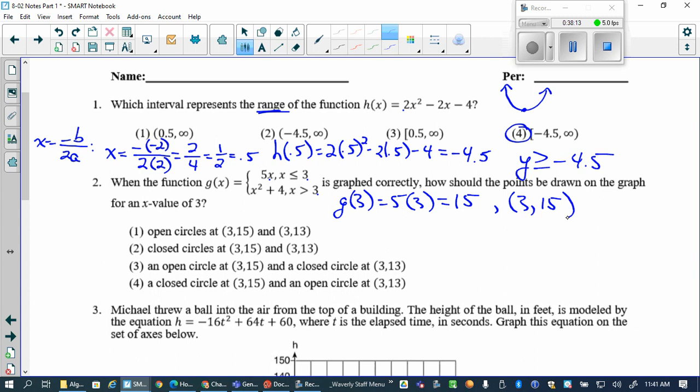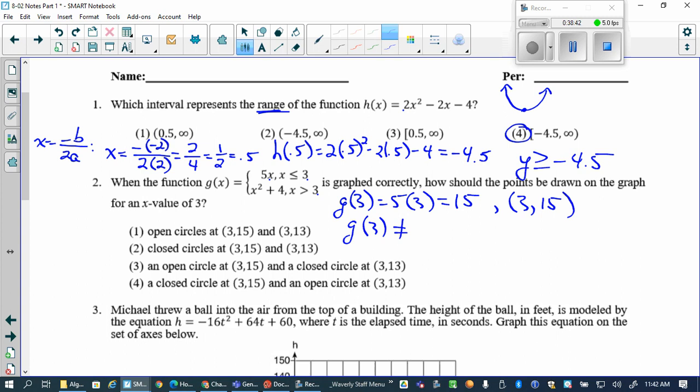Okay? Now, let me write something this way. I'm going to find g of 3 again, but I'm not going to write equals because I'm going to see if you can figure out what I'm doing. You see what I did there? And so now why did I put not equals? Because I'm going to put this in the bottom, to see where it is, because I want to open or close it.